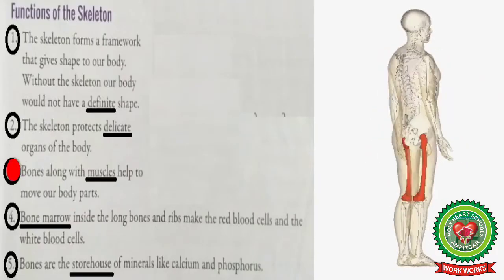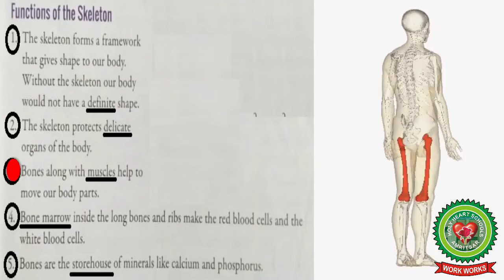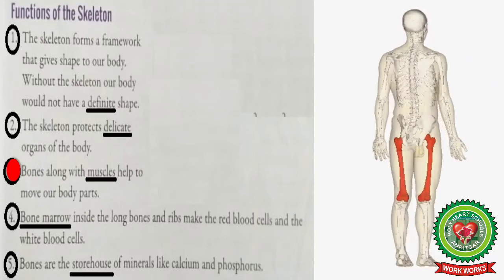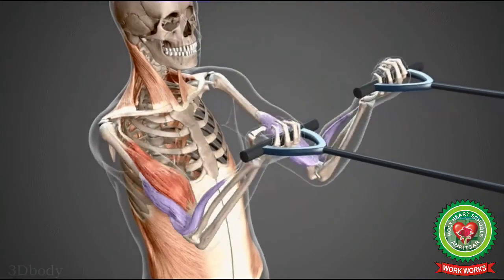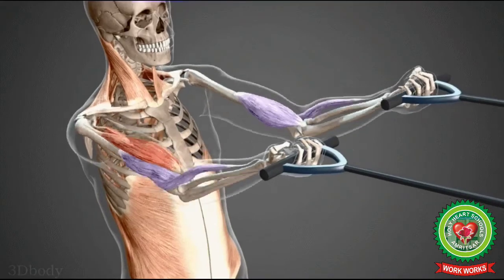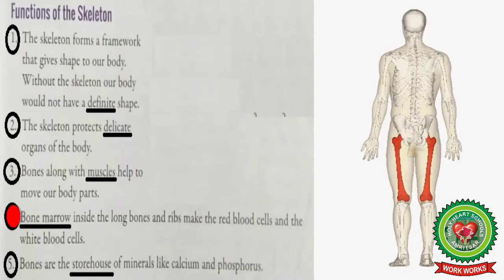Number 3 is bones along with muscles help to move our body parts. Underline the word muscle and write down its meaning: fleshy bundle of elastic material. So students, bones and muscles together help our body parts to move. After that, number 4 is bone marrow.